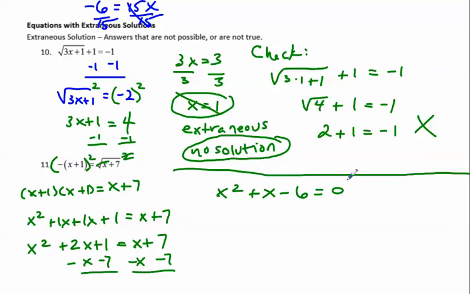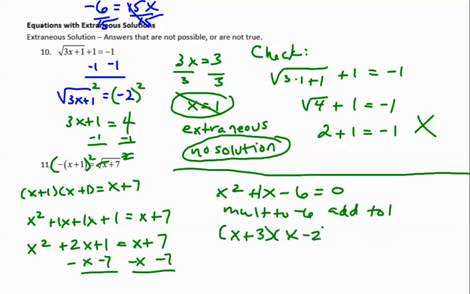So to factor this, let's see, my b value is 1. So I need two numbers that multiply to negative 6 and add to 1. So those numbers would be positive 3 and negative 2. X plus 3 times x minus 2 equals 0.